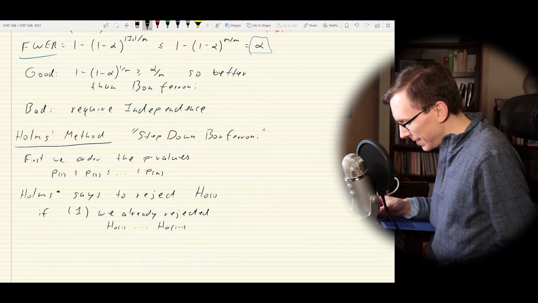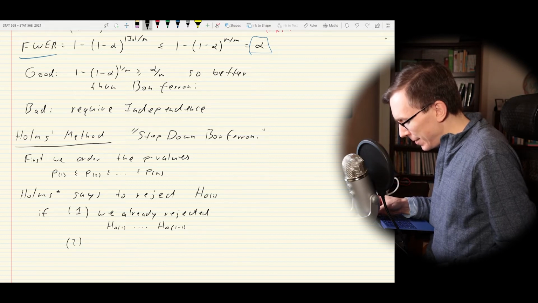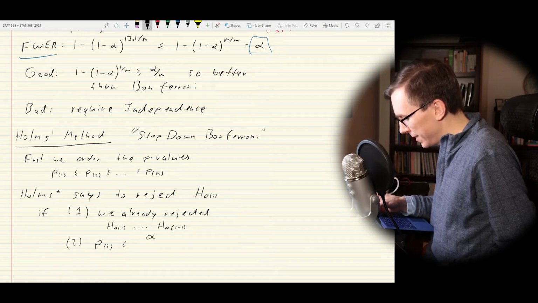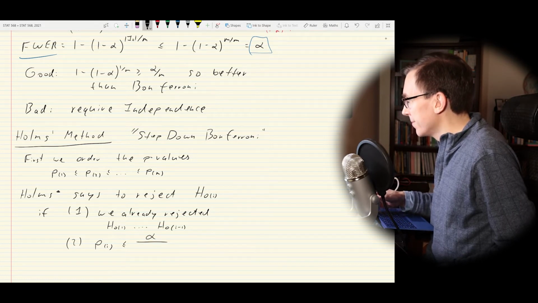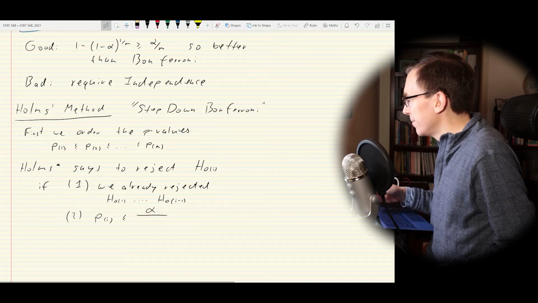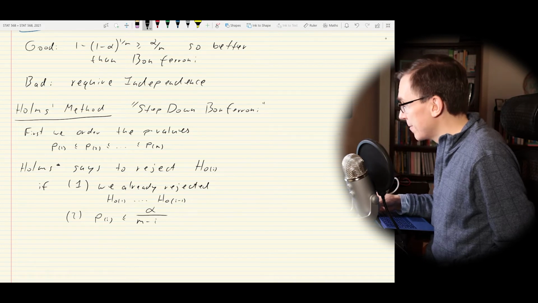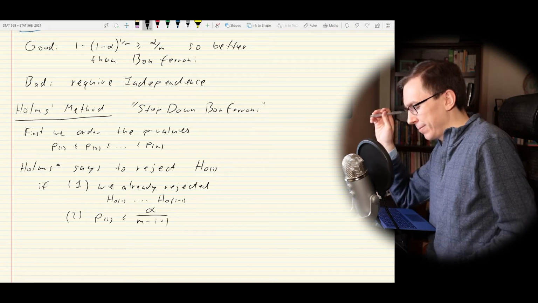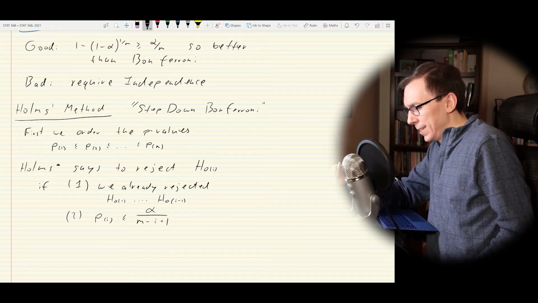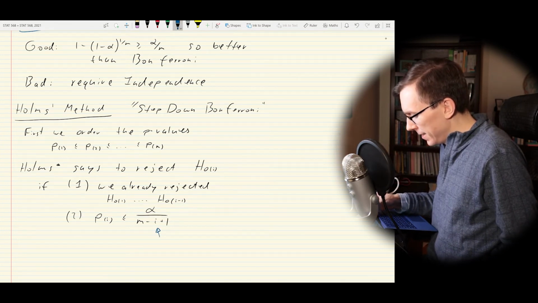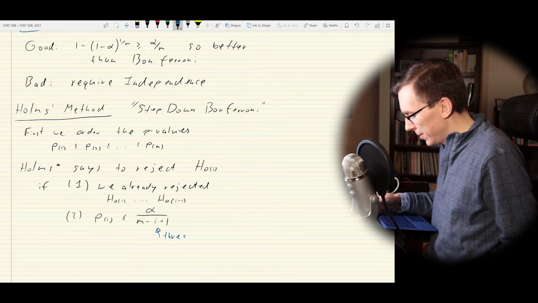And secondly, we need p(i) to be less than or equal to the new threshold, alpha divided by m minus i plus 1.